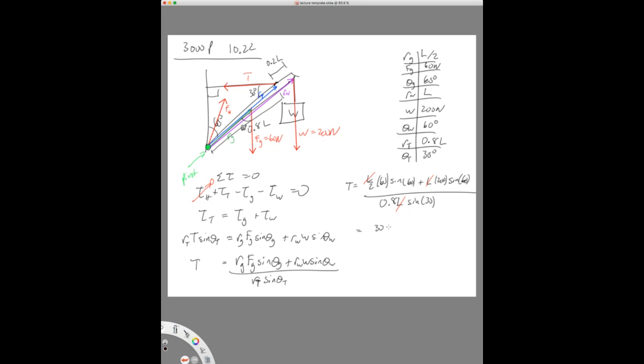So that's going to be 30 sine of 60 plus 200 sine of 60, over 0.8 sine of 30. I get 498 newtons.